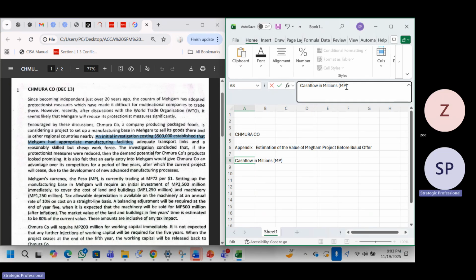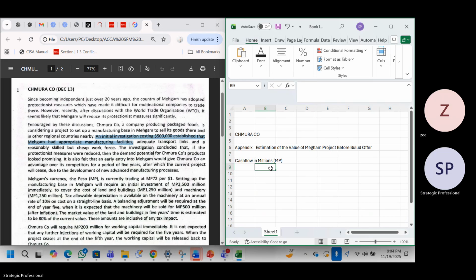So I've created this sheet. You can do that on the exam day. You can split your screen like this on the exam day. This is what I normally do. In my own time, we normally have like 4 appendices in number one. I will open the 4 side by side with my Excel so I don't have to be going back.